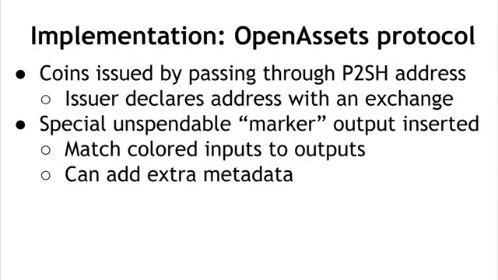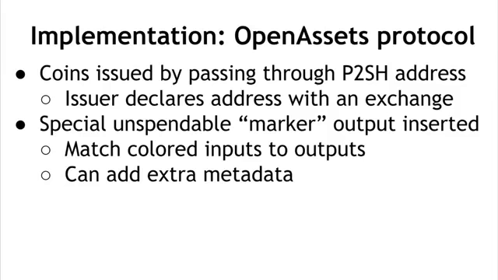And then any coin that transfers through that address that comes in without a color will leave with the color designated to that address. And you have to publicize that somewhere, so there's various exchanges that track which addresses infer which color onto coins. And it's fine for coins to have more than one color. That's really no problem.